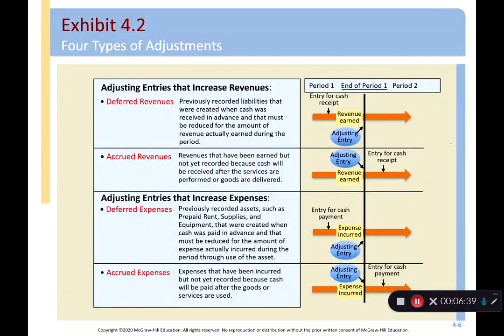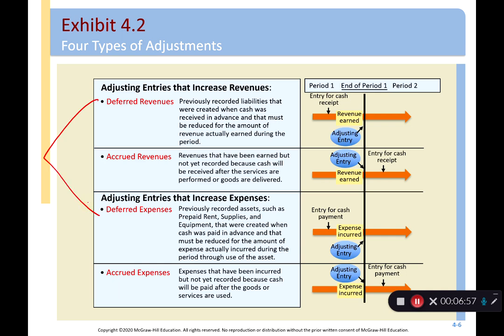So there's 4 types of adjusting entries. There are deferrals and accruals, so that's 2 overall categories. And then within those overall categories of deferral and accrual, we have deferred revenues, deferred expenses, accrued revenues, accrued expenses.